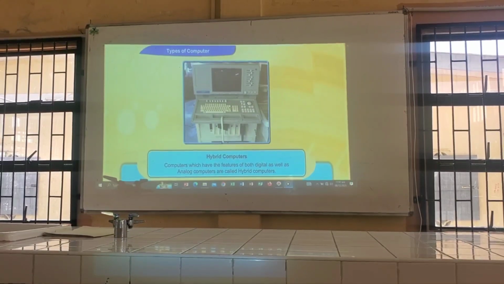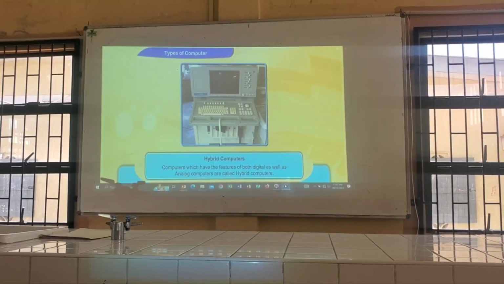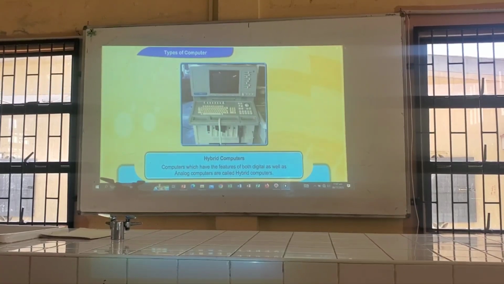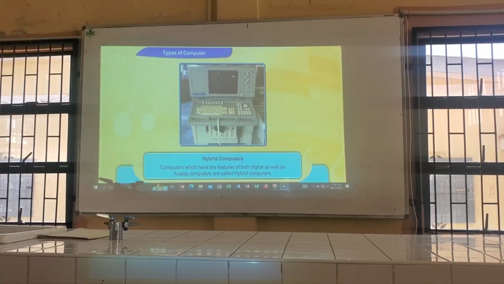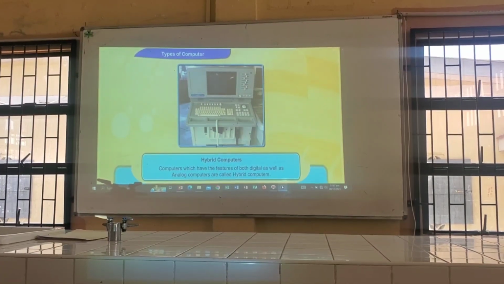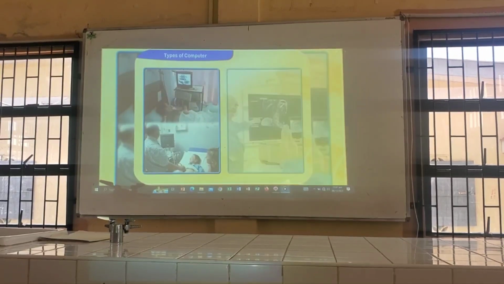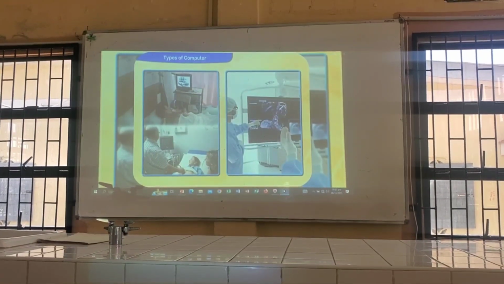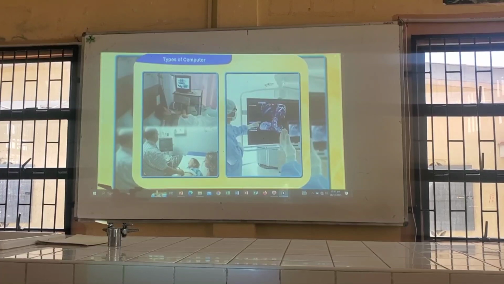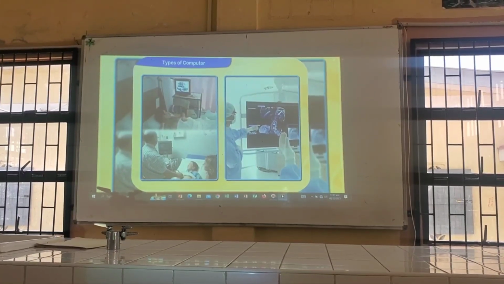Hybrid computers. Computers which have the features of both digital as well as analog computers are called hybrid computers. These computers are mainly used in hospitals. For what purpose are they used in hospitals? With the help of the analog features in the computer, the patient's heartbeat and blood pressure is checked.